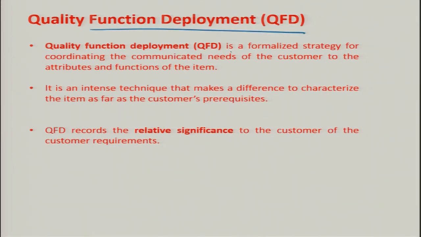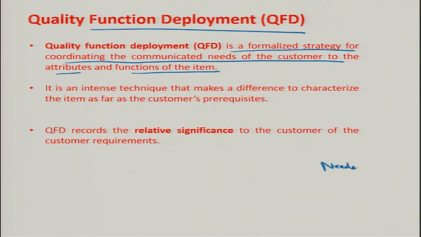Quality function deployment is a formalized strategy for coordinating the communicated needs of the customer to the attributes and functions of an item. We have customer needs, we have attributes of the item. We need to find out which attributes we need to work on.